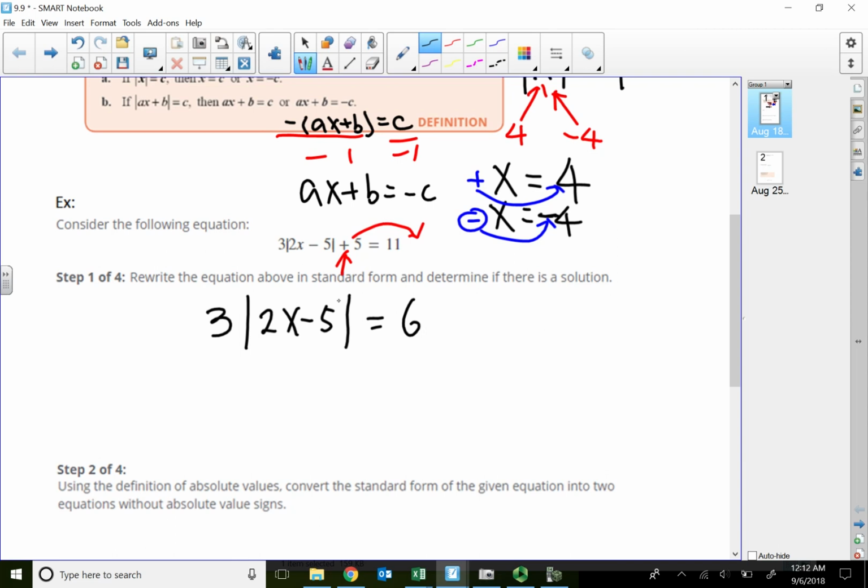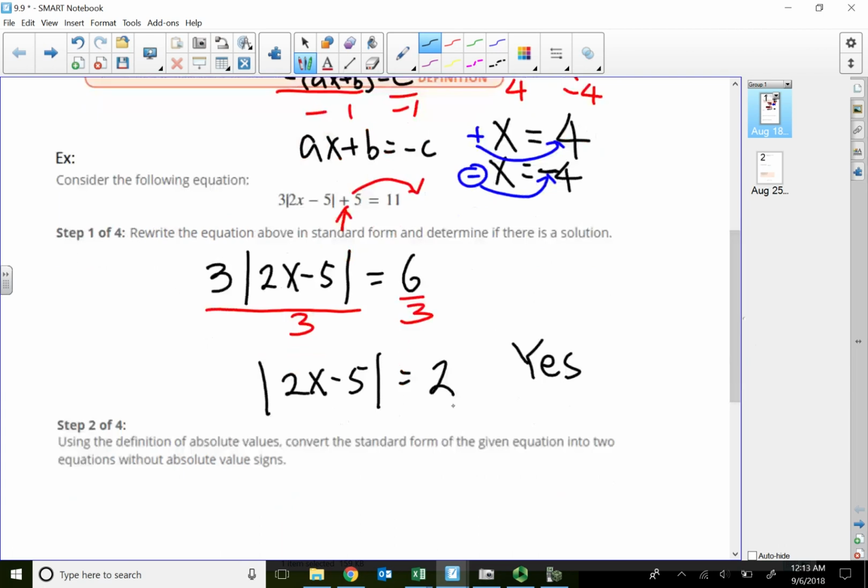Alright, my absolute value term is not yet by itself because I have 3 times up front, so I divide both sides by 3. So that will be absolute value of 2x minus 5 is equal to 2. Alright, so that's my standard form, and I need to determine if there's a solution. Yes, I will have a solution because this number on the right side of the equal sign is positive.